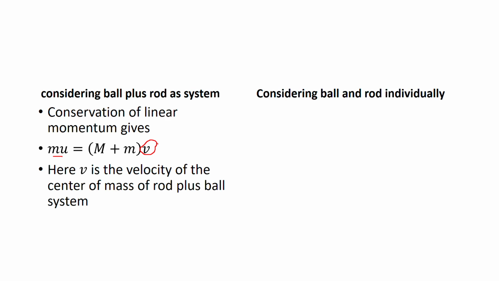Generally the questions solved in the books consider this equation, and they solve it where v is the velocity of the center of mass. But this can also be solved, and this is my main focus, that the ball and rod can be considered individually.